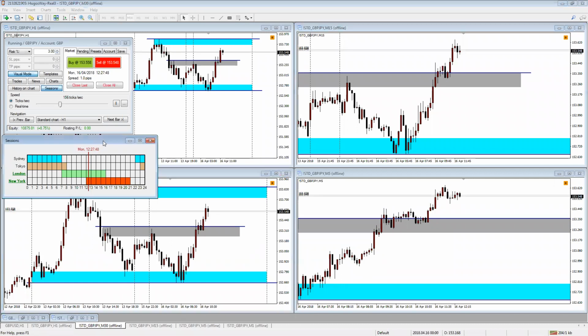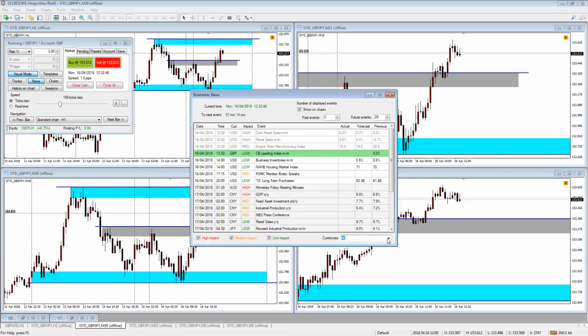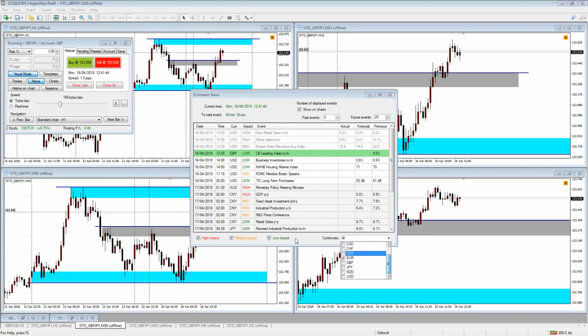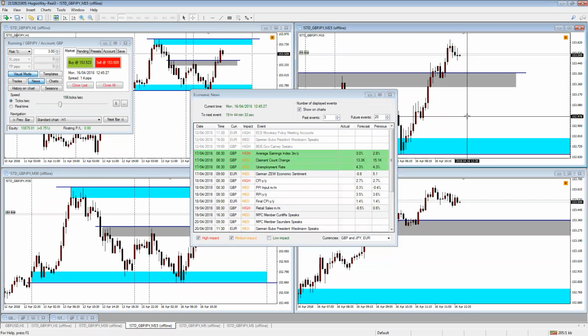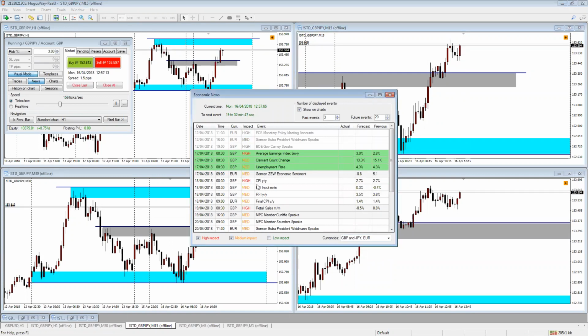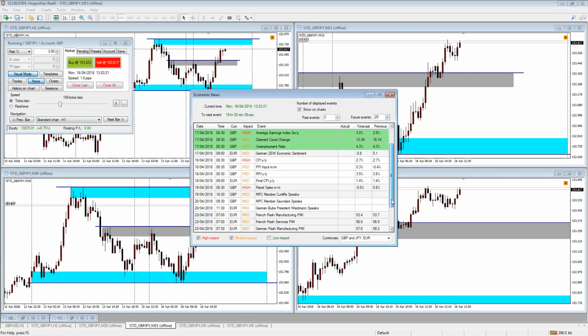So that's it for today. Actually, I didn't even check news. Let's see. We're gonna go Euro. What's the date? 16. So tomorrow, 17, we have average earnings index and CPI, retail sales.